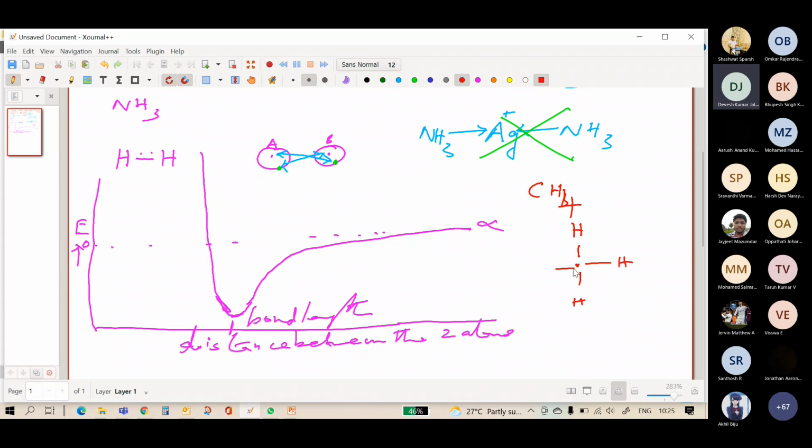For convenience, I'm drawing it like a cross-shaped molecule, but methane is not cross-shaped. We'll come to that a little later. All these electrons have to be arranged in such a manner that it results in stabilization and not an increase in the potential energy, not a higher level of energy.